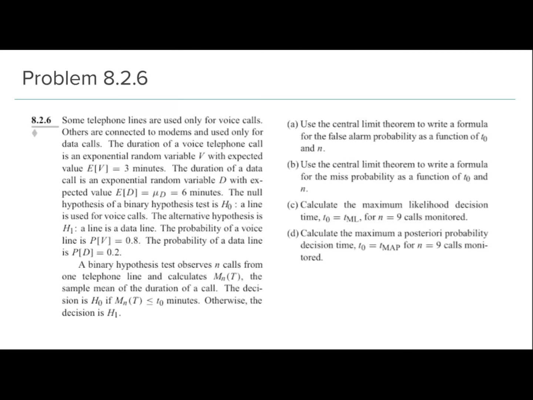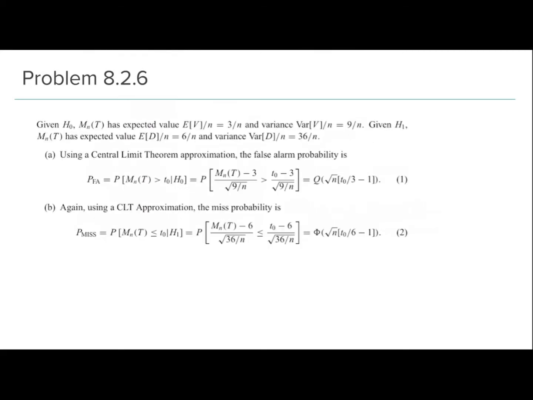And otherwise the decision is H1. So we have to use the central limit theorem to find the probability of false alarm and the probability of miss, and we have to find the maximum likelihood decision time and the maximum a posteriori probability decision time, right? So we're given everything about the question, so let's move forward with the solution.